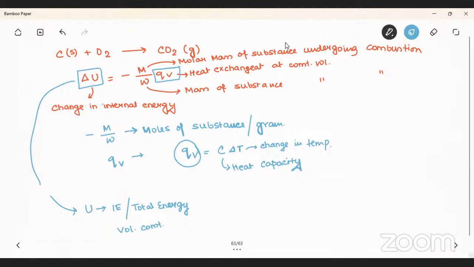If volume is kept constant, what is the work done formula? PdV. Volume is constant, and by the law of differentiation, if anything is constant, that becomes 0. So P into 0 is equal to 0. So work done will be 0 in a bomb calorimeter, and the change in the internal energy is equivalent to the heat exchange.